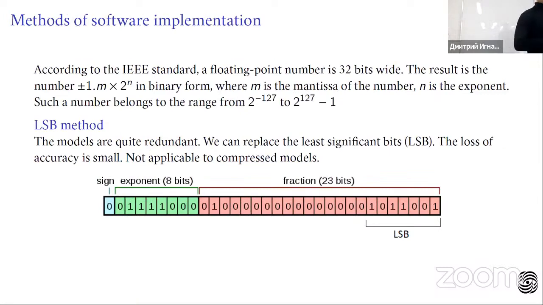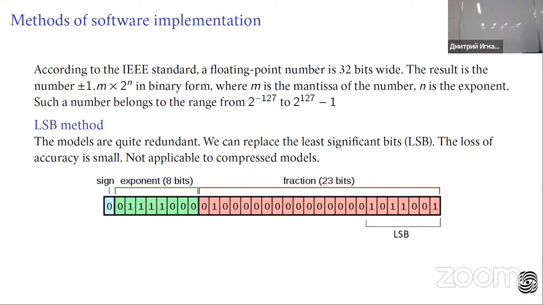What does it mean to embed the payload into weights? As you know, in modern frameworks such as PyTorch, TensorFlow, and others, most of the time the weights of neural networks are 32-bit float numbers. A float number can be seen as follows. The first bit represents the sign of the number.